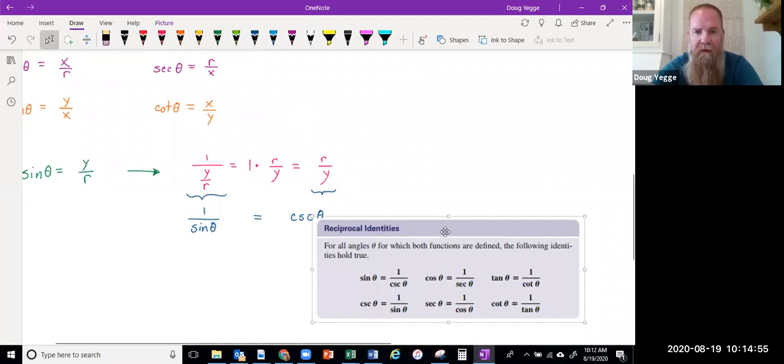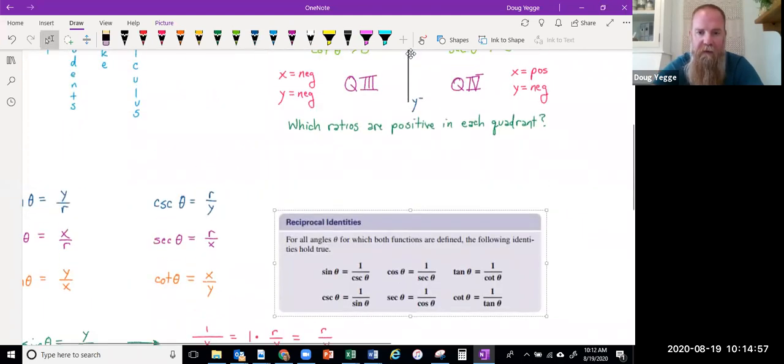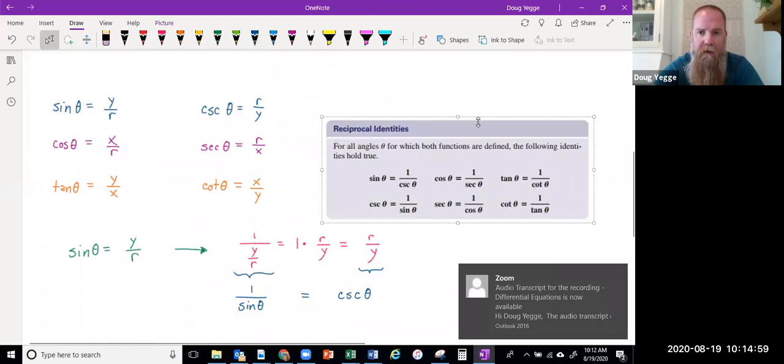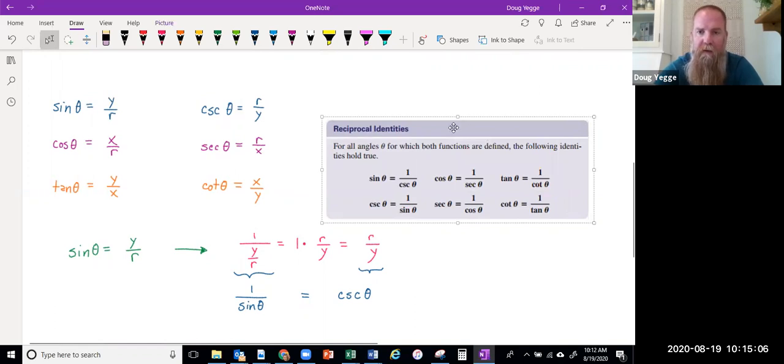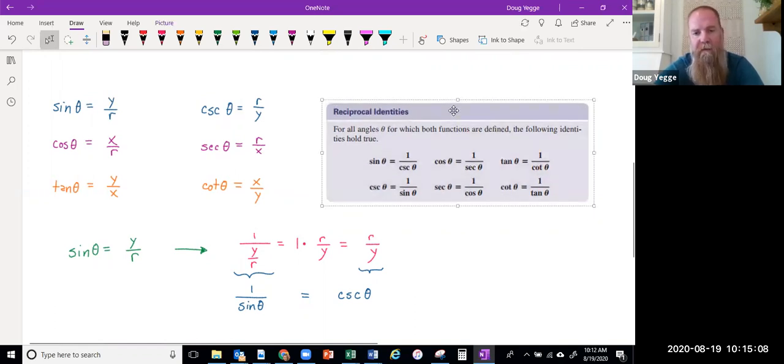These reciprocal identities, as we see in this table here, are just simply showing us the relationship on how we can actually describe each of the relationships between sine and cosine by just writing it as its corresponding reciprocal. So if I ever see sine of theta, I could rewrite that as 1 over cosecant of theta.